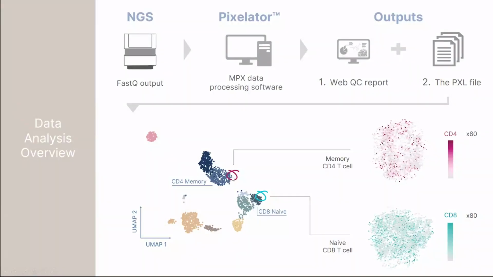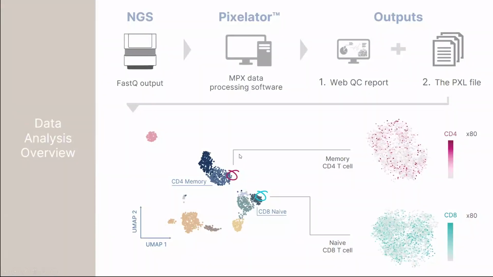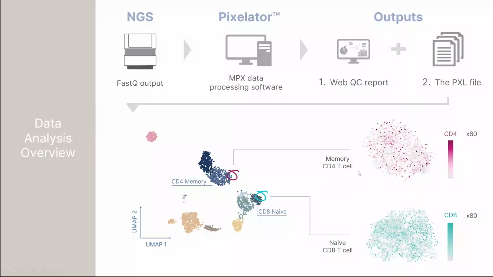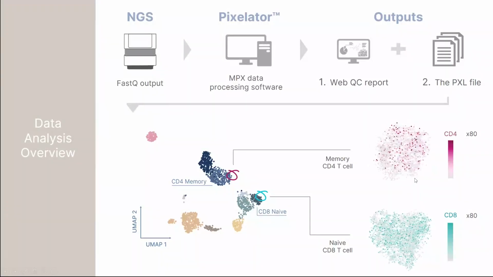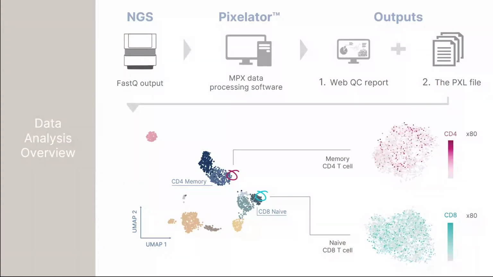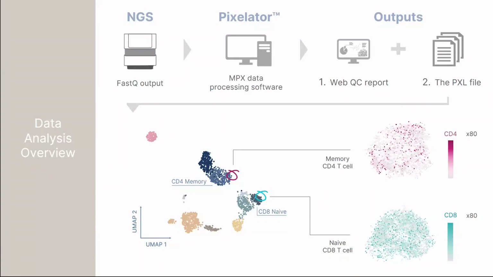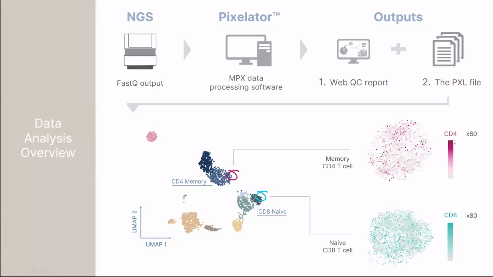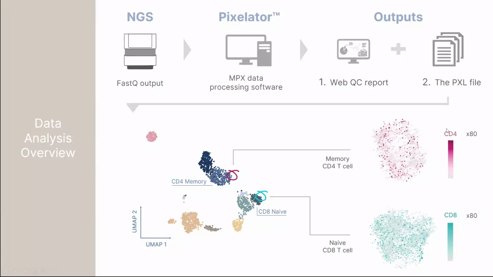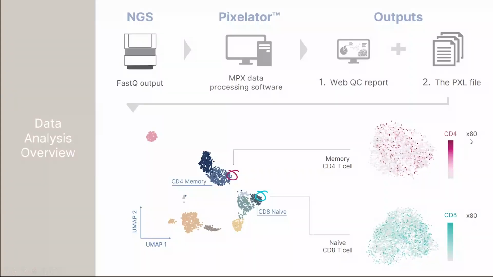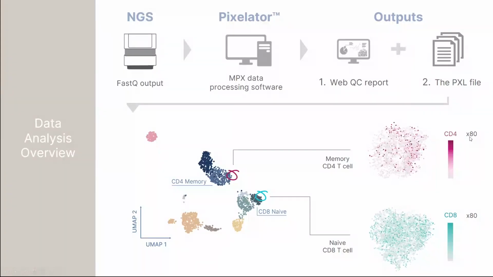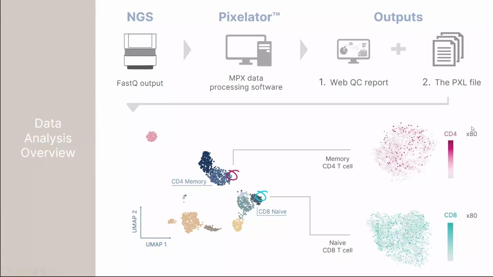So say that we chose this one, and then we can zoom in, it's a memory CD4, and then we can really see how much of the protein and where was it located. And here we're showing CD4 in pink, but that is just one of the proteins that you could be looking at. You could be looking at CD3, CD2, or whatever protein that you want to look at.